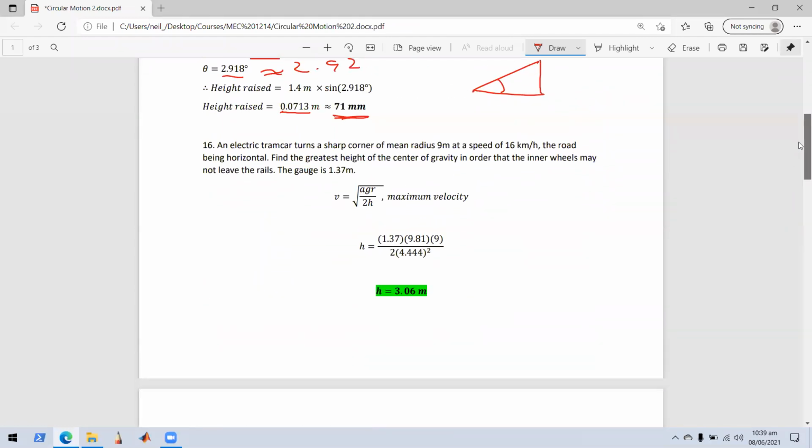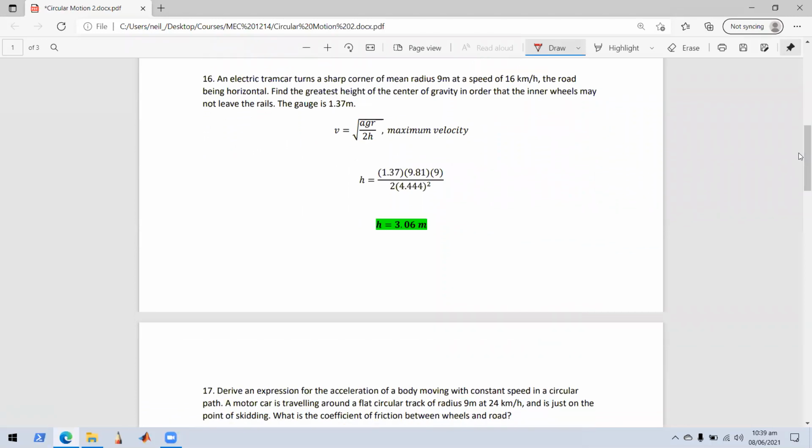Okay, so this one's easy, and I think you guys can do it. An electric tram car turns a sharp corner of mean radius 9 meters at a speed of 16 kilometers per hour. The road being horizontal, so none of that banking or elevation. Find the greatest height of the center of gravity in order that the inner wheels may not leave the rails.